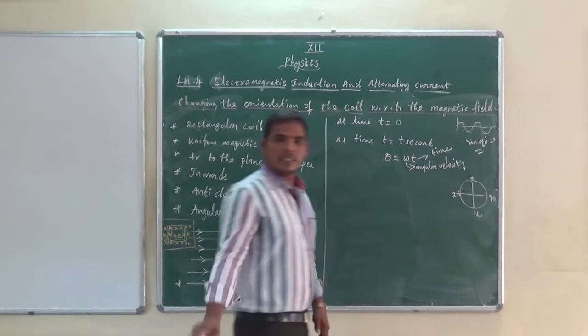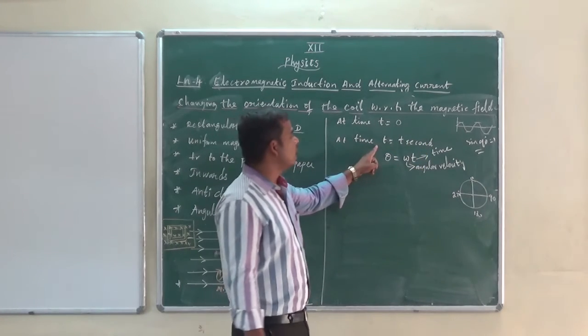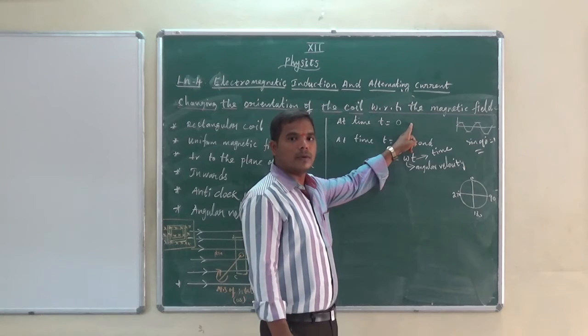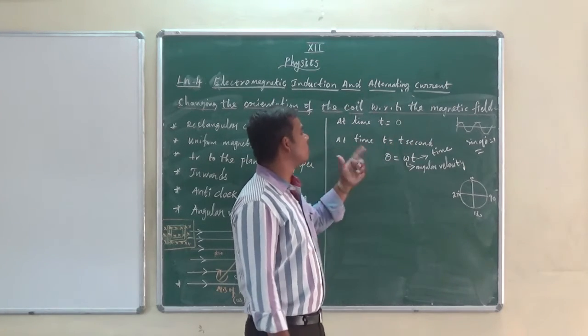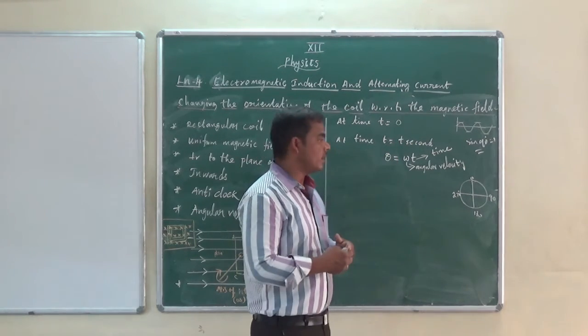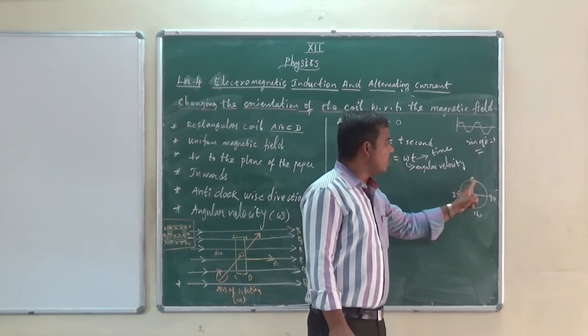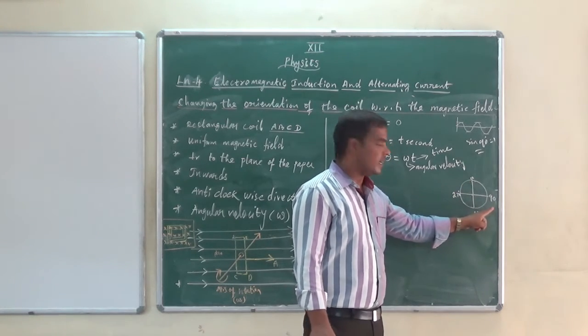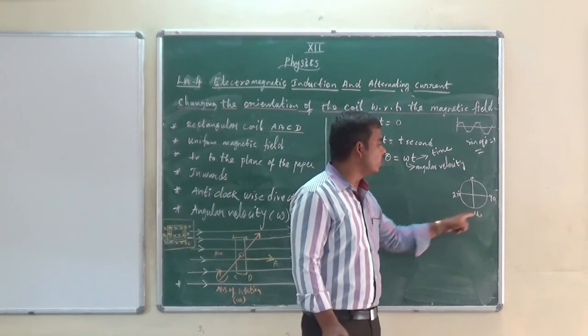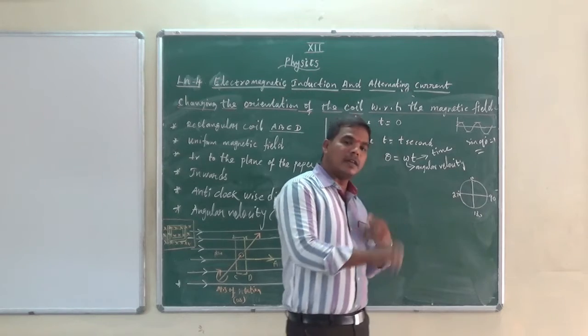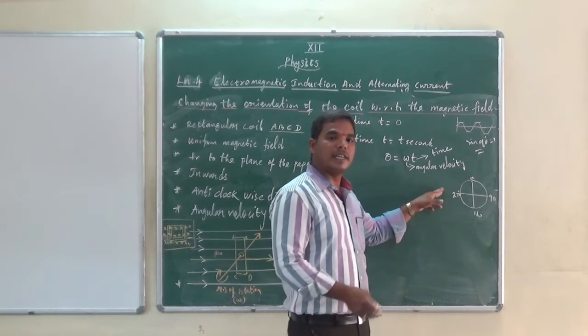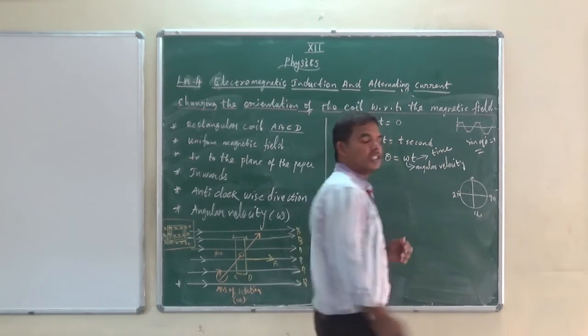When the coil is initially at 0 and starts to rotate, after a certain time the coil moves 90 degrees. Next, after some time the coil moves to 180 degrees, then 270 degrees, and then the coil completes 360 degrees.